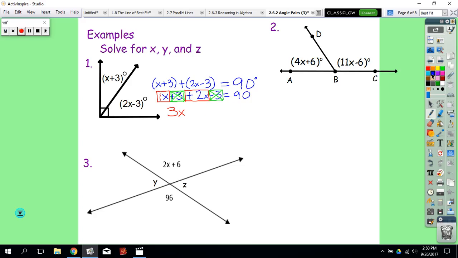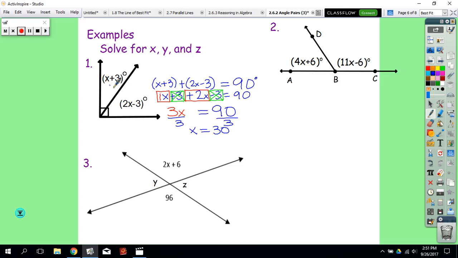And then 3x is equal to 90. And then all we have to do to solve is divide both sides by 3. So x is equal to 30. Now, this goes back to when we were working on chapter 1. This is not necessarily the angle, it's just x. If we wanted to find the angle, what we would have to do is plug this in for x.